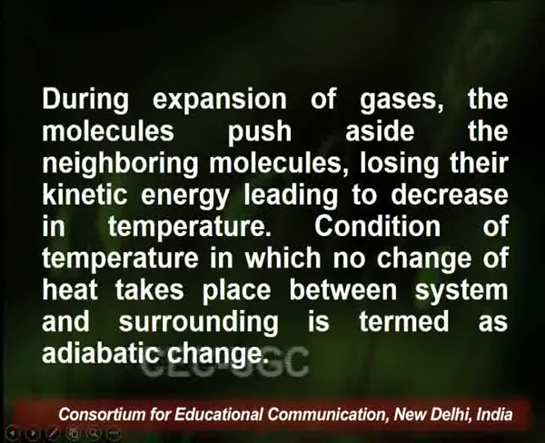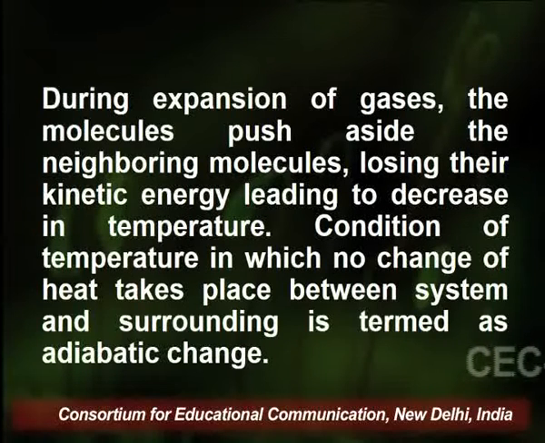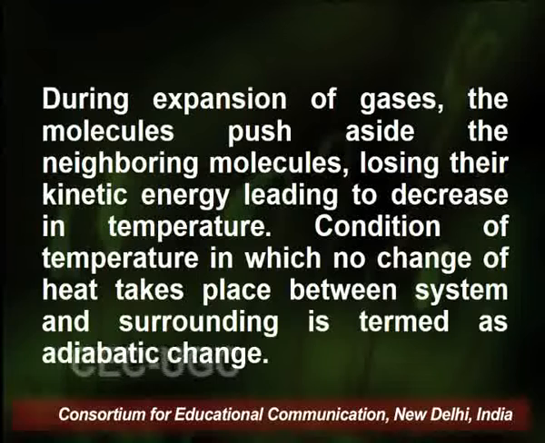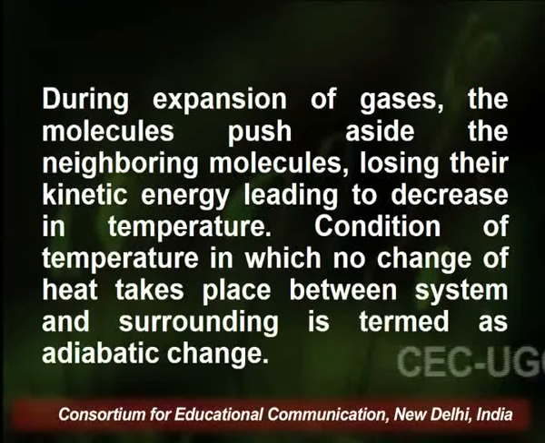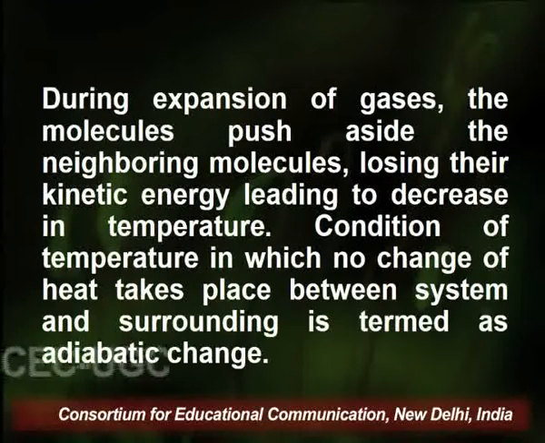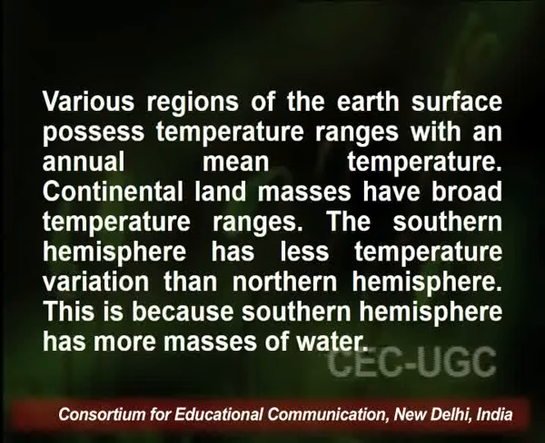During the expansion of gases, the molecules push aside the neighboring molecules, losing kinetic energy, which leads to a decrease of temperature. The condition in which no exchange of heat takes place between system and surrounding is termed adiabatic change. Now there are various regions of Earth's surface that possess temperature ranges with an annual mean temperature.